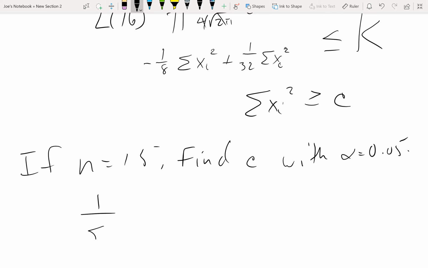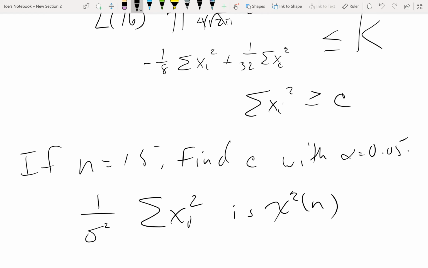1 over sigma squared sum of the x sub i squareds is chi-squared of n, in general. Because if I take the sigma squared inside and pull the square out, I get x over sigma squared, I get standard normal squared, right?